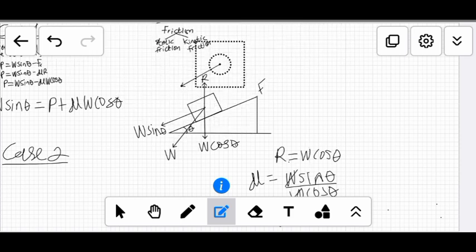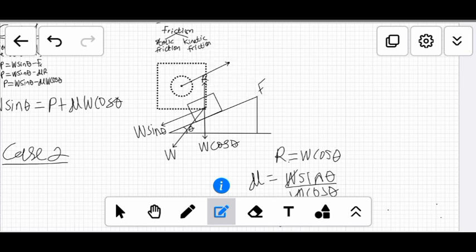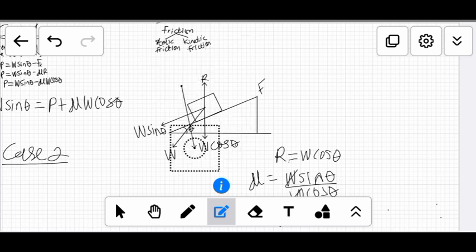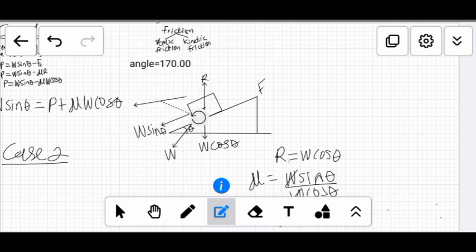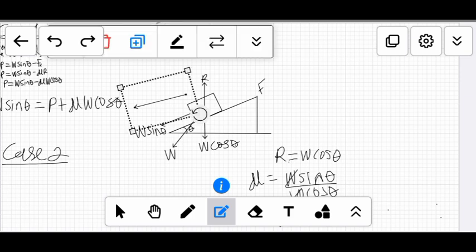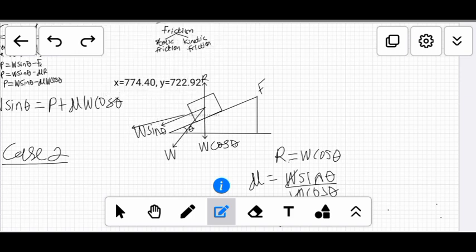It will then act in the same direction as the force bringing the object down. So frictional force then will act like this.